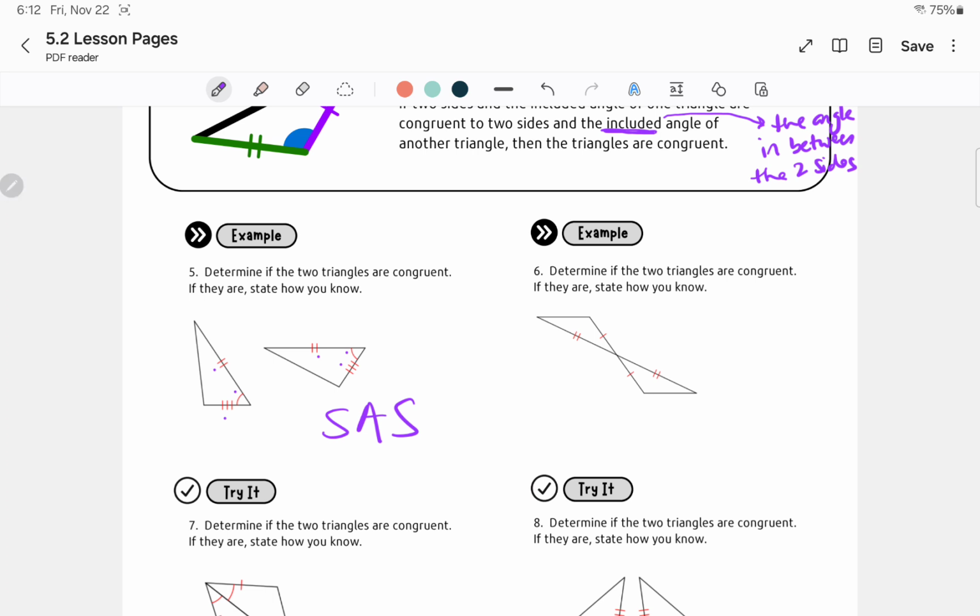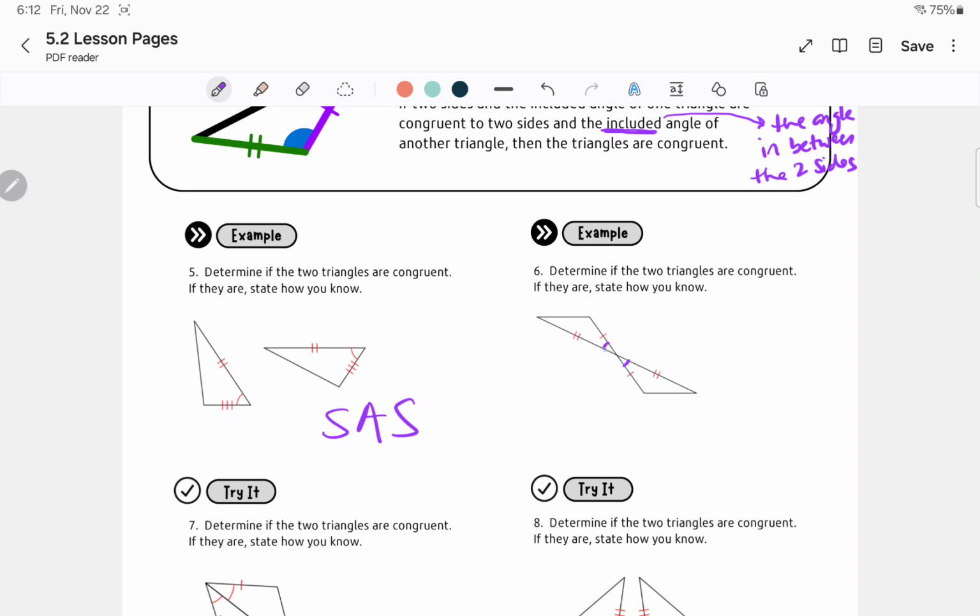Now with number 6, and you don't have to draw those dots, I just wanted to show you what I was referring to. So now for number 6, we're looking at these 2 triangles, and we have to think back to unit 3, which is basically when we have two angles across from each other, they are called vertical angles. So we have to draw those in. Just like with the side, we sometimes have to mark that shared side as congruent. We have to mark that these vertical angles are congruent.